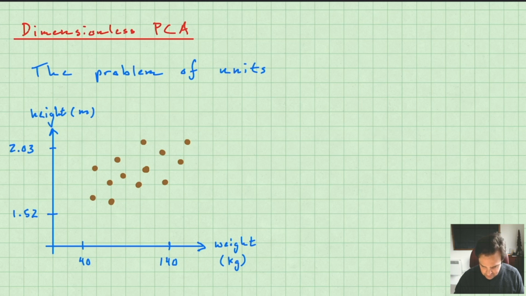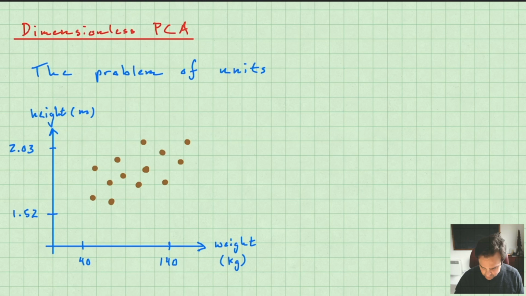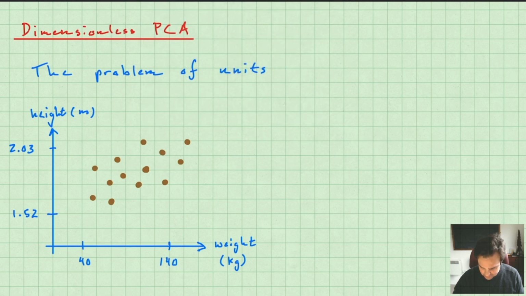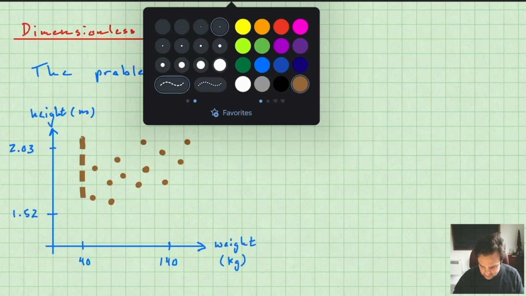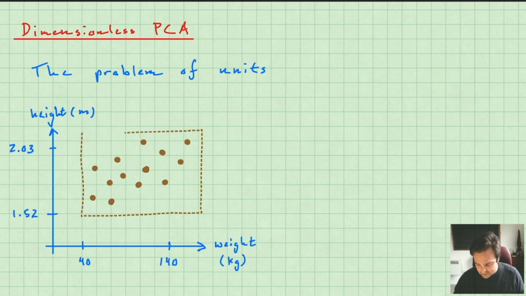And then you could draw a little box around this and get a picture for where we are. So this data exists in this simple rectangular region in this two-dimensional space. And this is what we would normally call the data cloud, in this whole region here.